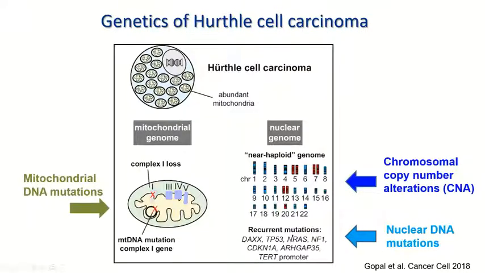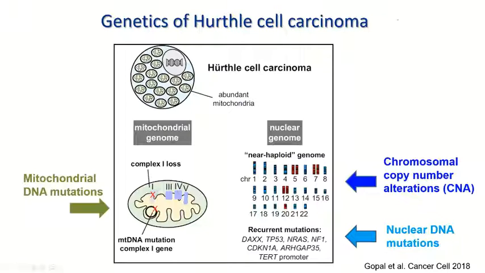But the genetic hallmark of these tumors is chromosomal copy number alterations of the near-haploid type. So losses or gains of whole chromosomes is a highly characteristic finding in these tumor types.